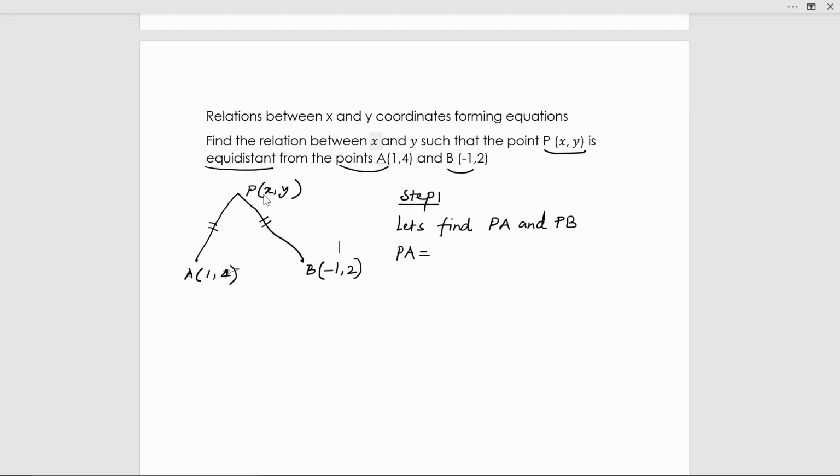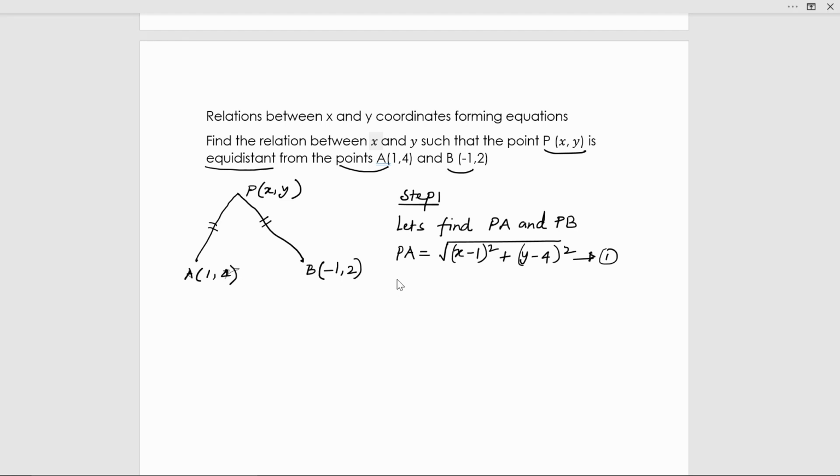If we consider P as (x2, y2) and A as (x1, y1), we can take the square root, and under the square root we have (x minus 1) square plus (y minus 4) square, and we can consider this to be equation 1.